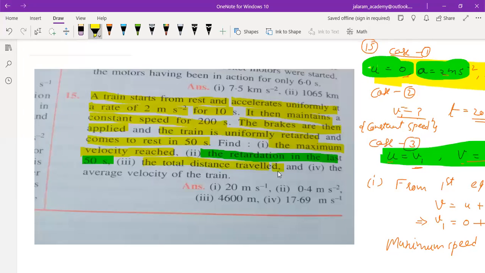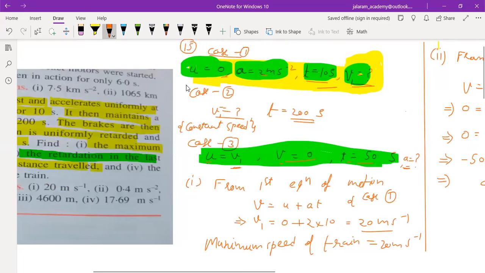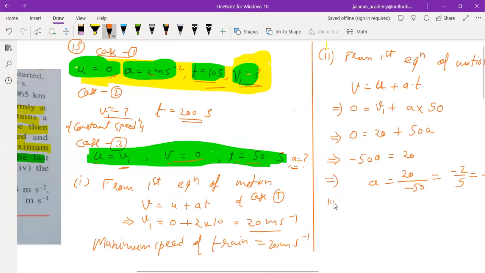The total distance traveled. So how to find the total distance traveled? Means we have to find the distances traveled by the train in all the three cases. For case 1, if we name it as S1, so S1 is unknown, and what are the quantities which are given?